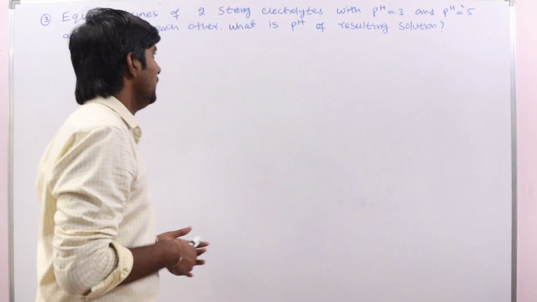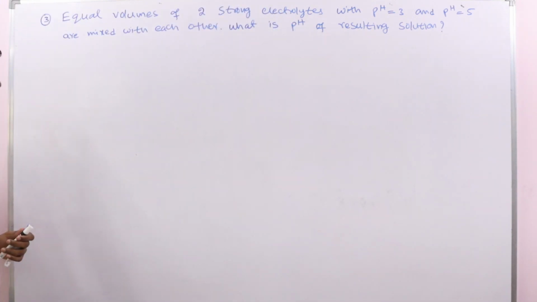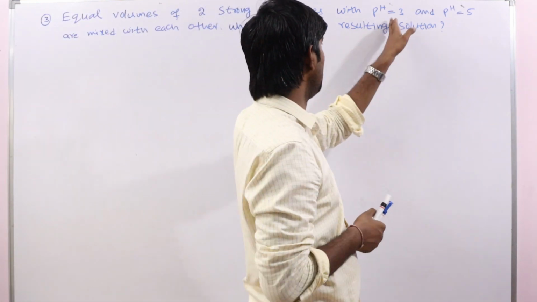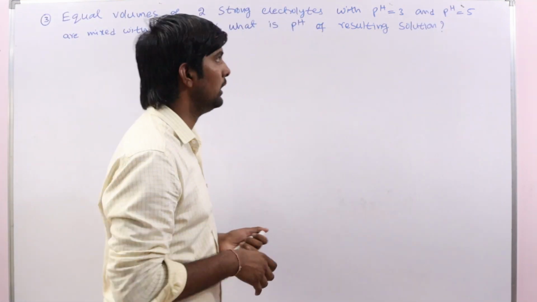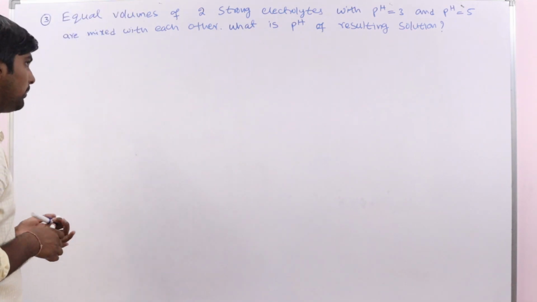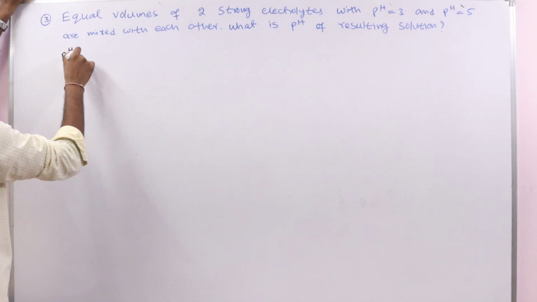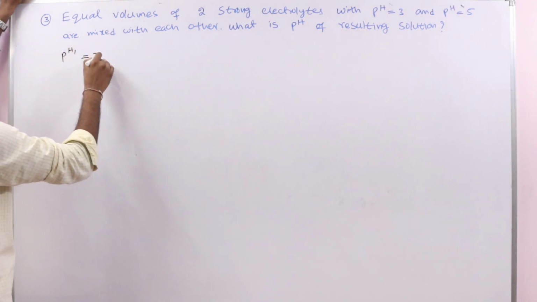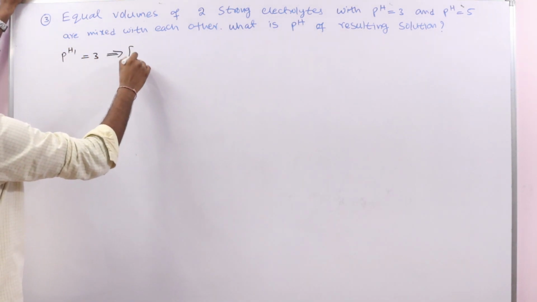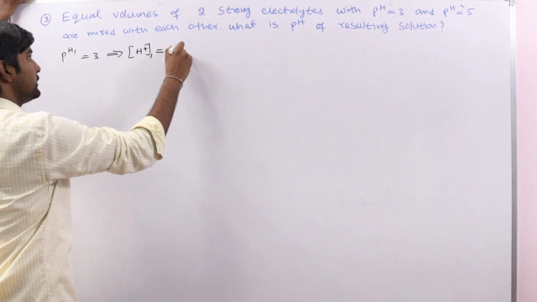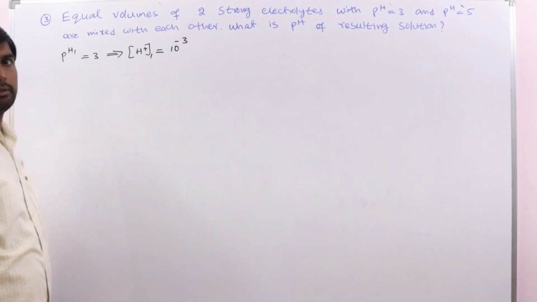So first we have to calculate the H plus ion concentration in the mixture. Okay, so these are the individual pH values. In this type of problem, first take pH 1, that is equal to 3. From this, H plus ion concentration in the first solution equal to 10 power minus 3.